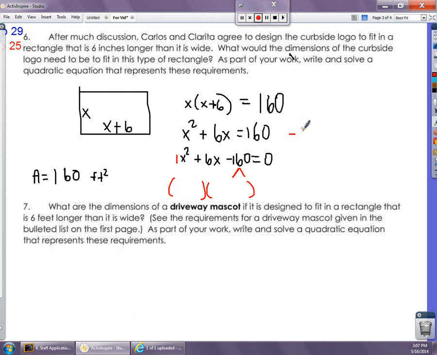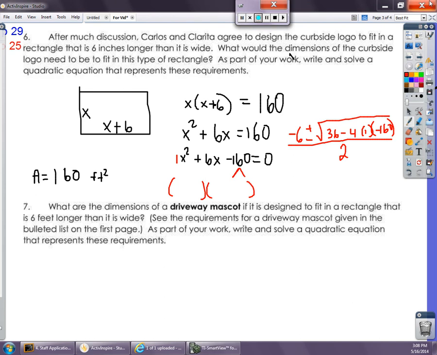Negative b, so negative 6, plus or minus the square root of 6 squared, which is 36, minus 4 times a times c, which is negative 160, all over 2 times a. Negative 4 times 1 times negative 160 is a positive 640.